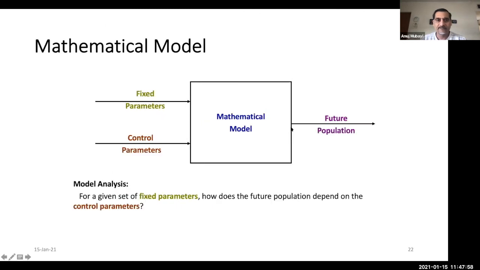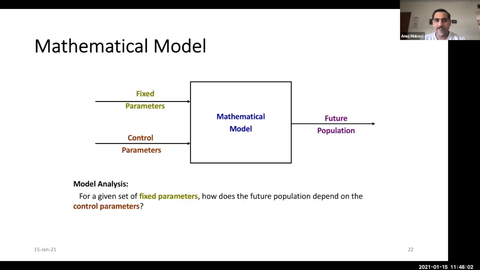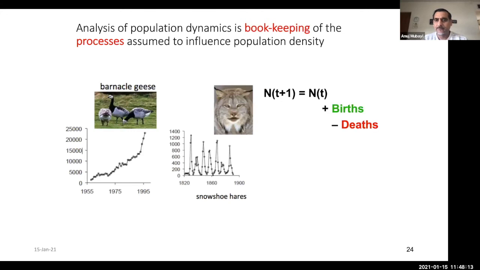I have just a few minutes. Well, we are talking about the relationship between input and output. We are talking about some control, there are parameters that we can control. But anyway, these are very general, you can read it. Actually what we are doing is simply a bookkeeping exercise of what is coming in and what is going out.